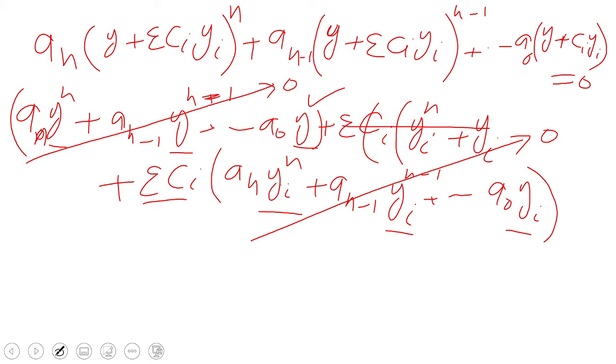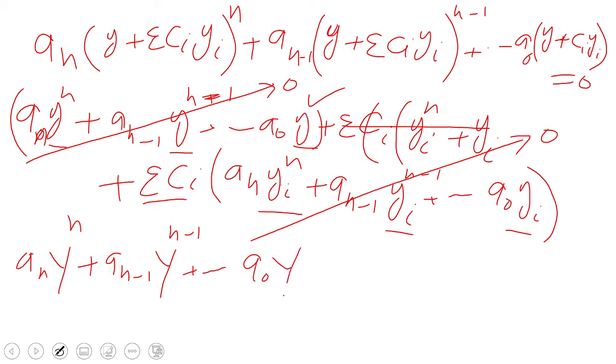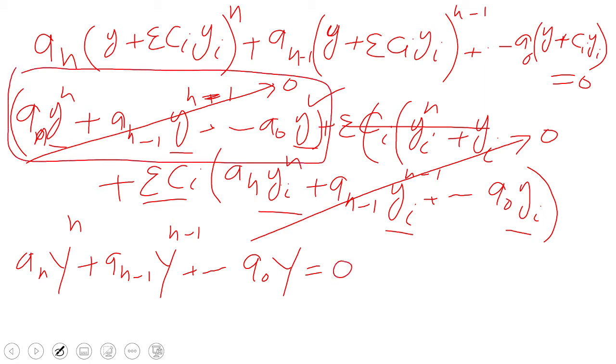So this is in fact a_n Y^(n) + a_(n-1) Y^(n-1) up to a_0 Y, and that is equal to 0 plus epsilon ci times 0, and it is 0.